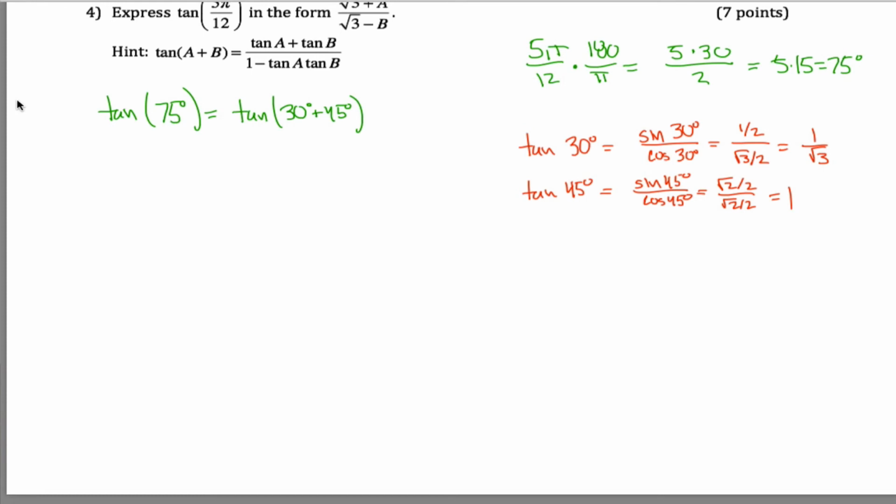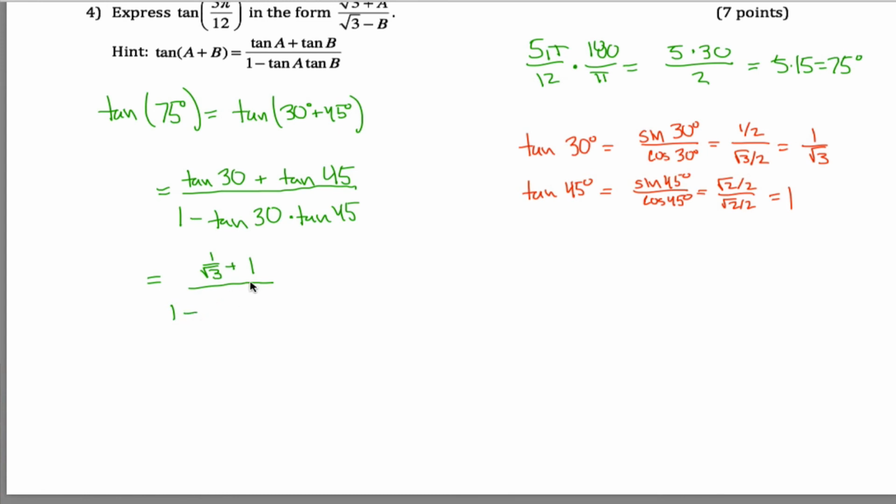Knowing these two values will make this problem a lot easier, because the tangent of a plus b is just equal to, using this formula up here, the tangent of a plus the tangent of b divided by 1 minus the tangent of a times the tangent of b. Plugging in the values, tangent of 30 is 1 over root 3. Tangent of 45 is 1. And then 1 minus tangent of 30 is 1 over root 3 times 1.